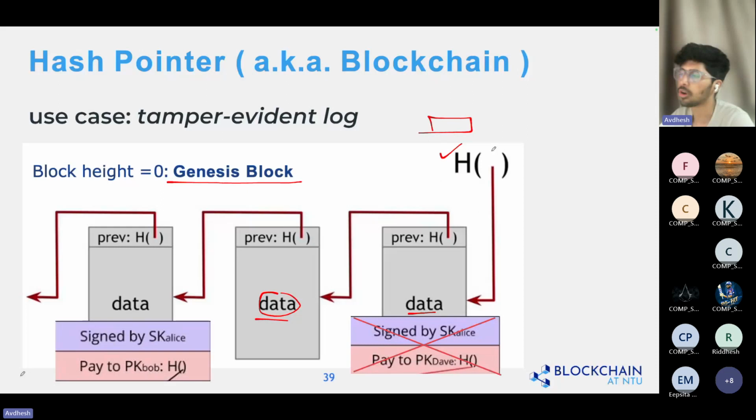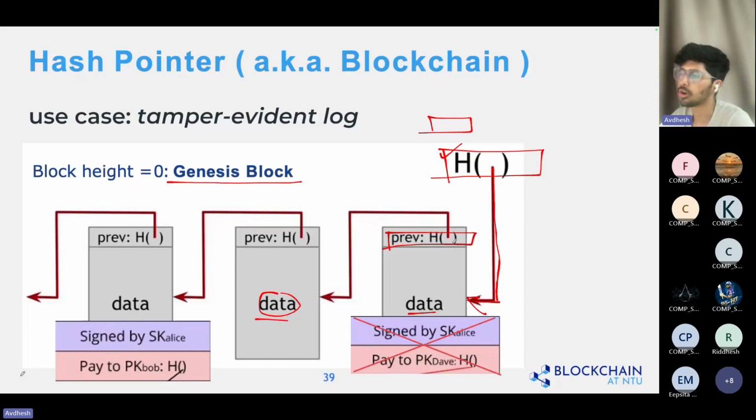A Genesis block definitely will not have a previous hash, because it's like block number one, or in computer language you can call it block number zero. What it will do is connect the hashing function to the data of the second block, and since we already have a hash of the Genesis block, it will be connected to the previous hash.